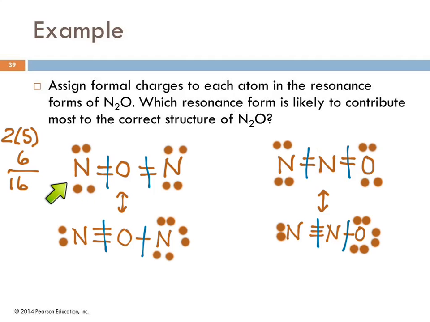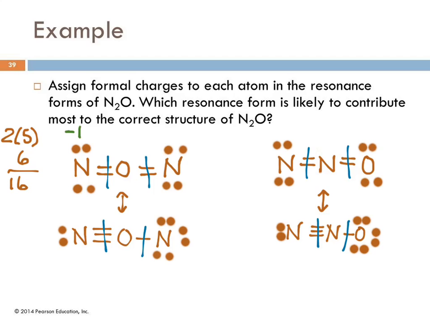When we separate it out imaginarily, how many electrons does it have in this structure? 6. 5 minus 6 is what? -1. So that means the nitrogen has a formal charge of -1 in the structure.